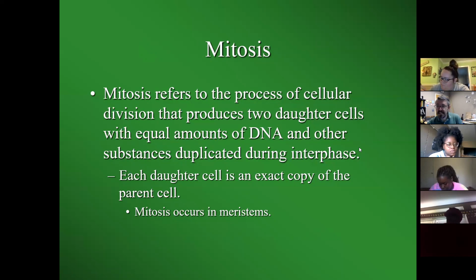In plants, mitosis occurs in a part of the plant called the meristem. These meristems are at the growing tip of a stem. Very important point. Imagine what's going to happen to the growth of a plant if you cut the tip off of the stem. What do you think is going to happen to the growth of that stem? Will it grow back?